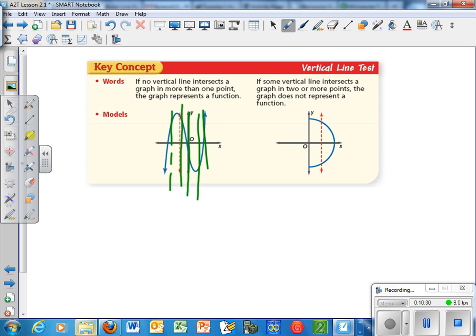Over here, this is not a function. If a vertical line intersects a graph in 2 or more points, the graph does not represent a function. Notice, if I draw any line here, it would intersect in more than one point, so it's not a function.